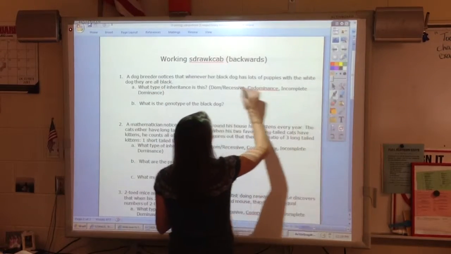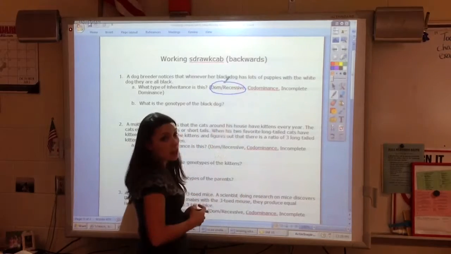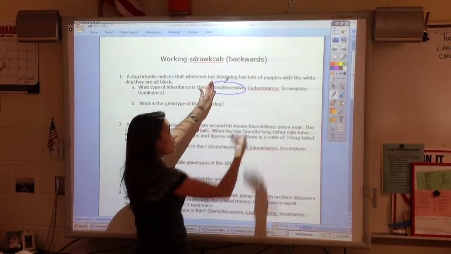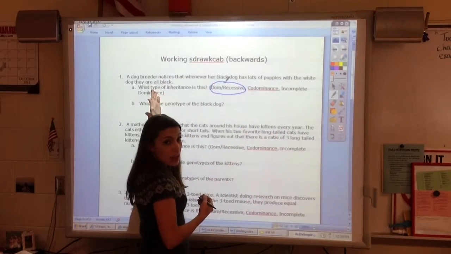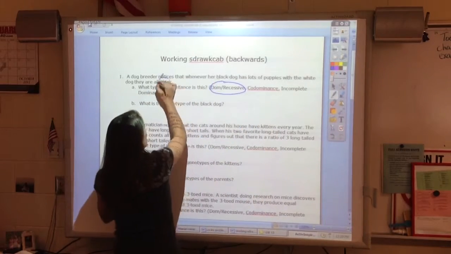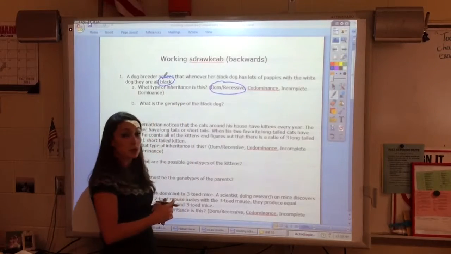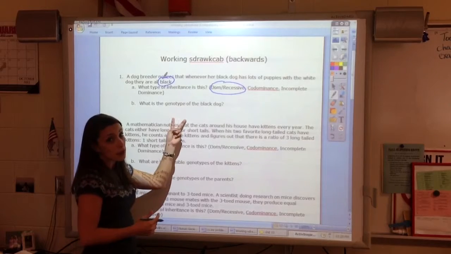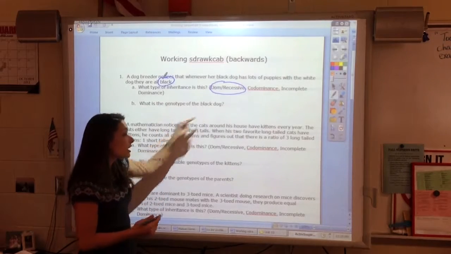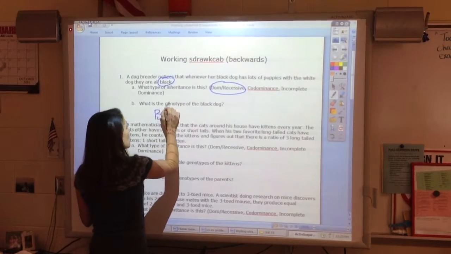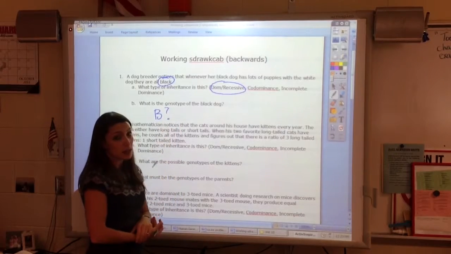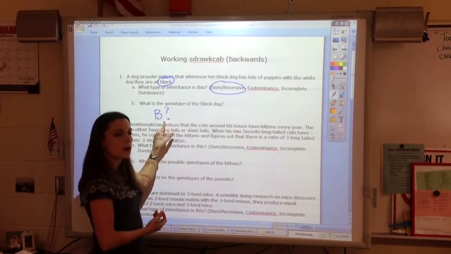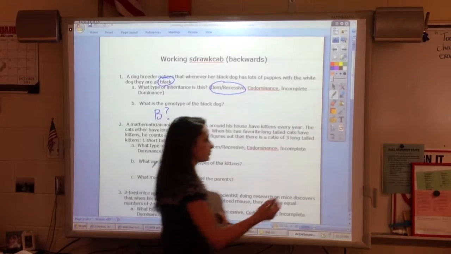So this means the trait is dominant recessive. Which one do you think is dominant? If black and white means they all come out black, black is dominant. So then you should be able to assign a letter to the black dog and give them 2 letters. We might think we don't know the second letter, but all the puppies come out black, so I think we know this next letter.